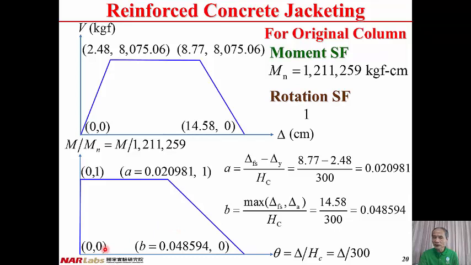Therefore, point A 0, 0, and point B 0, 1, and point C a, 1, and point D b, 0, and a equal to 0.02 something, b equal to 0.04 something. And the moment scale factor is the moment strength of the column, 12 ton-force meter. And the rotation scale factor equal to 1.